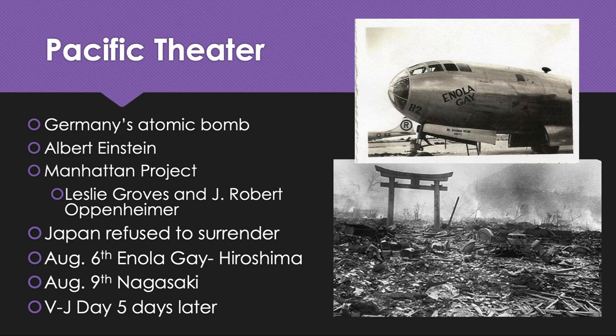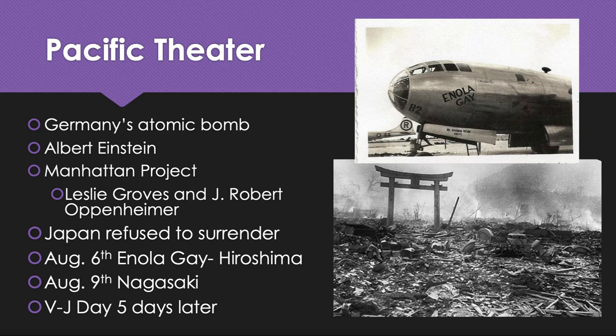The United States becomes aware of the German nuclear program in August of 1939 when Albert Einstein writes a letter to President Roosevelt warning that it may become possible that they set up a nuclear chain reaction in large masses of uranium, which would create a nuclear weapon. And the United States begins to race to create their own bomb, which gives life to the Manhattan Project.